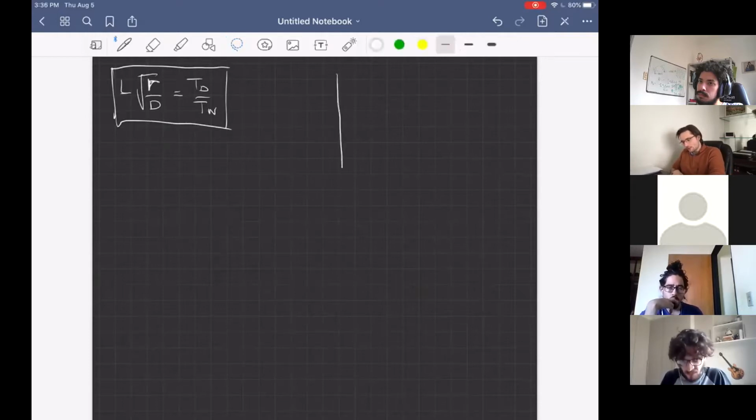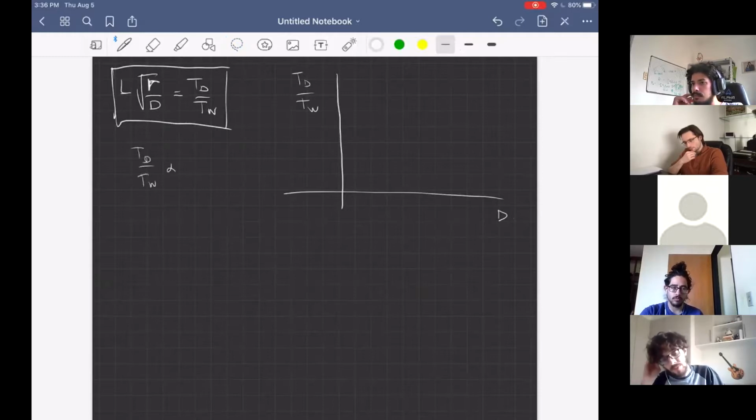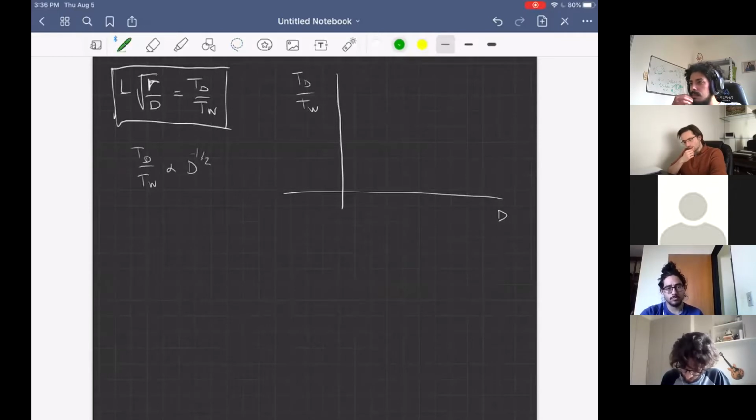How does this ratio between time scales behave as a function of D? It's proportional to this, right? So basically, we all agree that this ratio goes something like this.